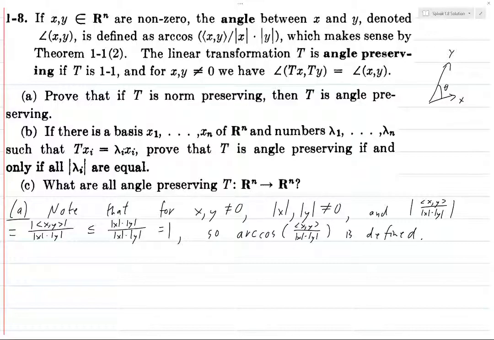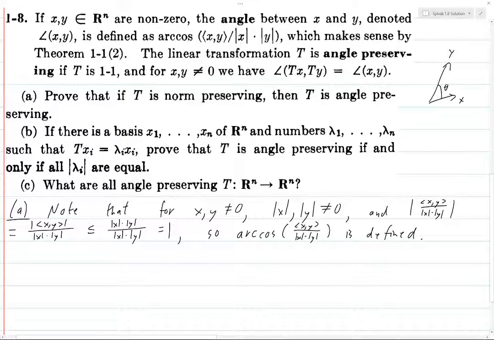Okay, so with that being out of the way, by the way, in the problem statement it says which makes sense by theorem 1-1-2, so we did actually have to do a little bit of work to prove that that is actually the case. But yeah, it just follows by theorem 1-1-2, which we used in that inequality.